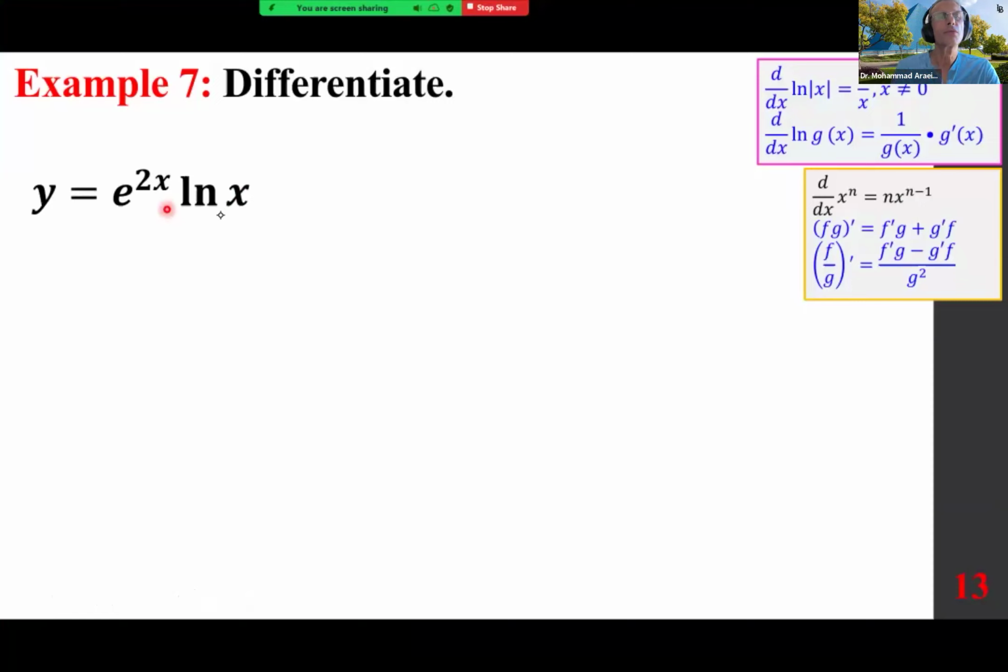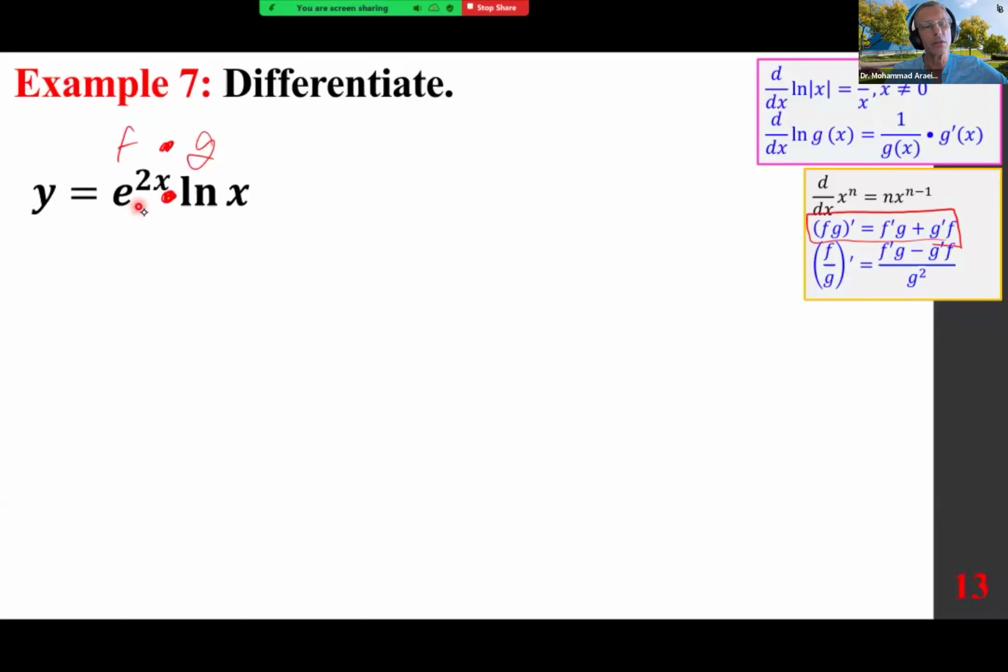y equals e to the power of 2x times ln x. First, we put a raised dot in between. It's the product of f and g. We're going to use the product rule on that. So f is e to the power of 2x.